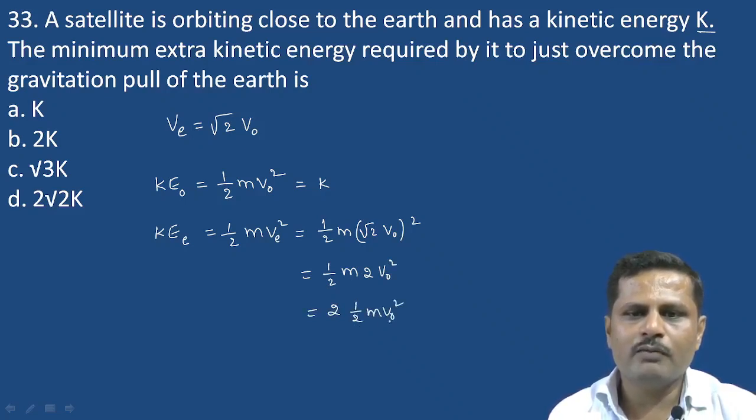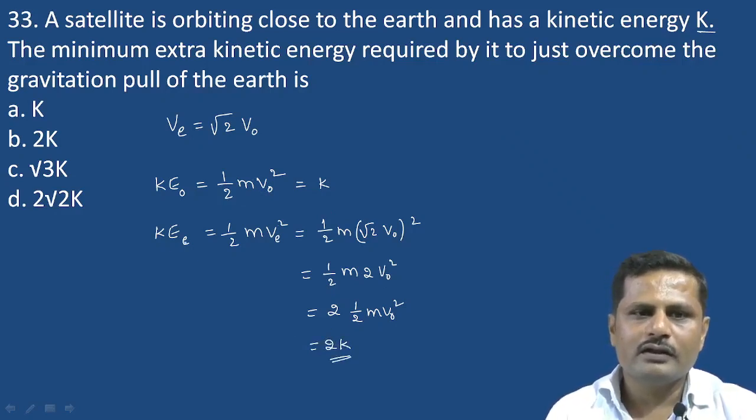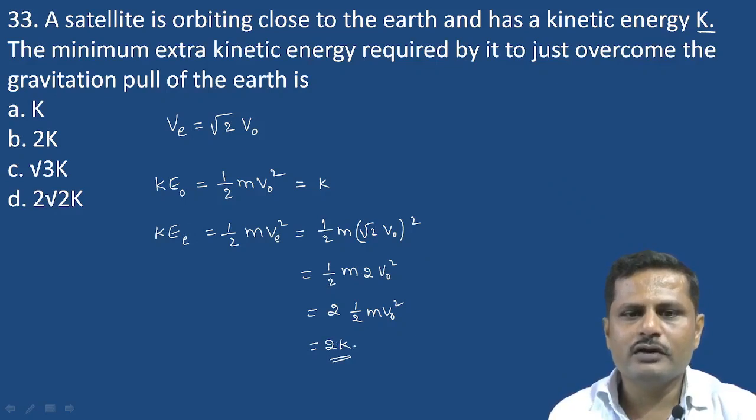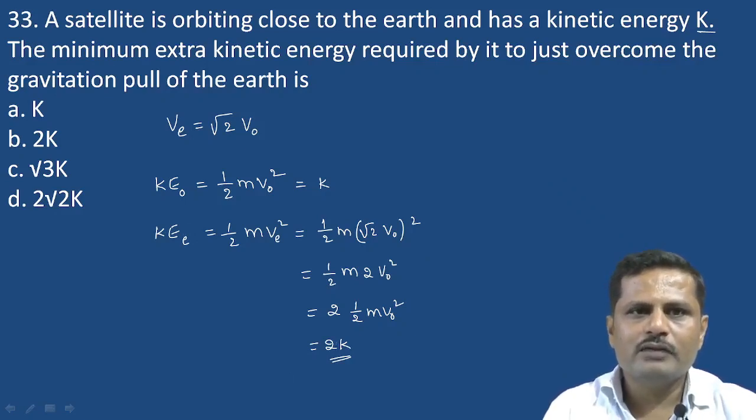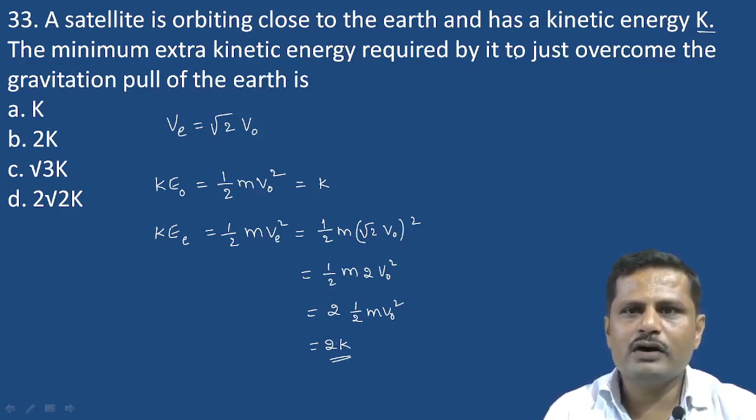Half m v naught square is equal to K. So this will become 2K. That is, the kinetic energy required to escape from the gravitational pull of the earth is 2K. But the question asks for the minimum extra kinetic energy required to overcome the gravitational pull.